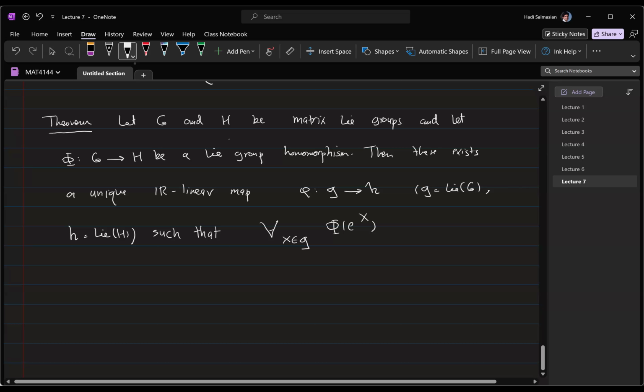And it happens to be the exponential of little phi of x.